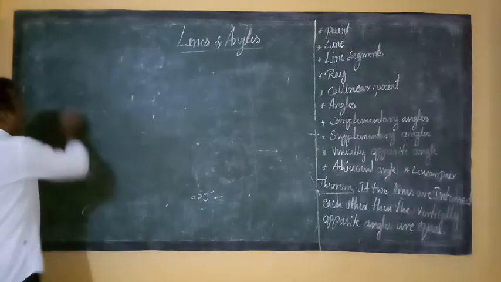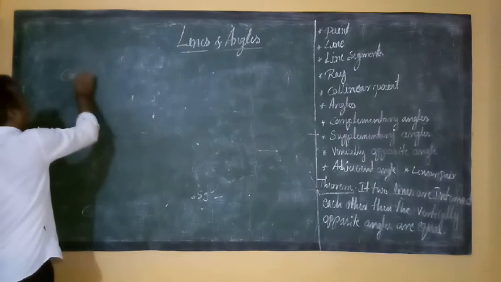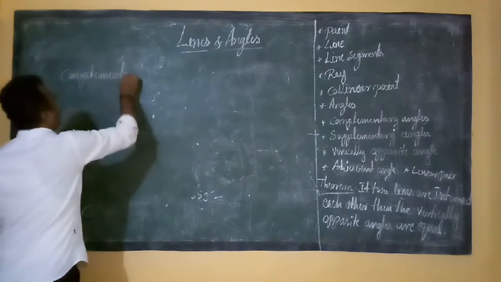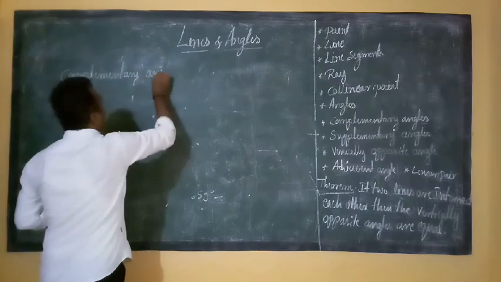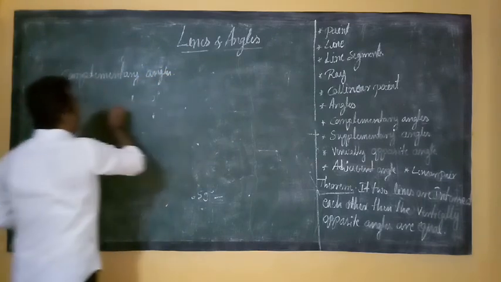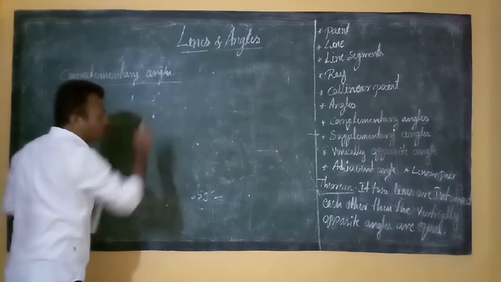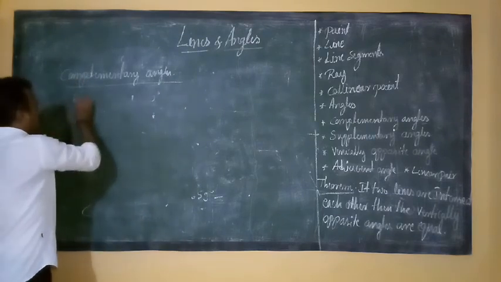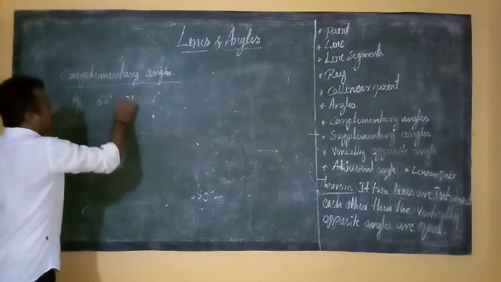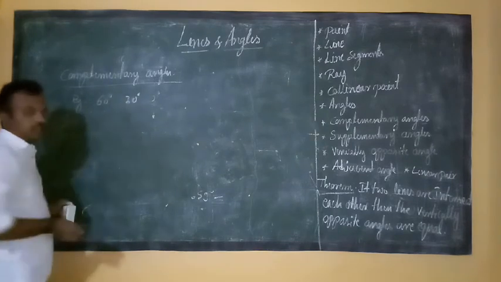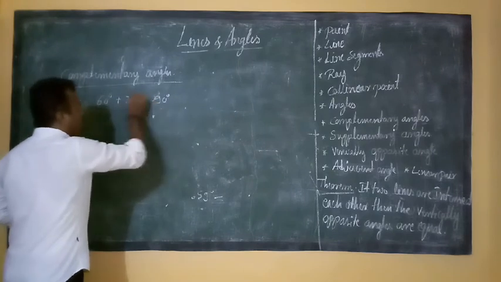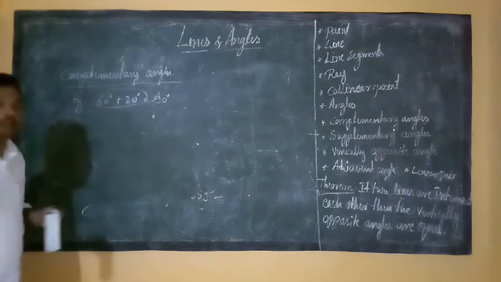For example, 60 degrees and 30 degrees. If I sum them, it becomes 90 degrees. Therefore these two are complementary angles.